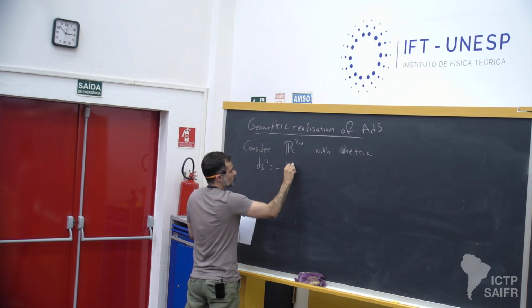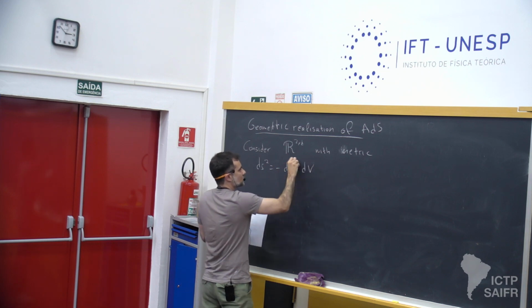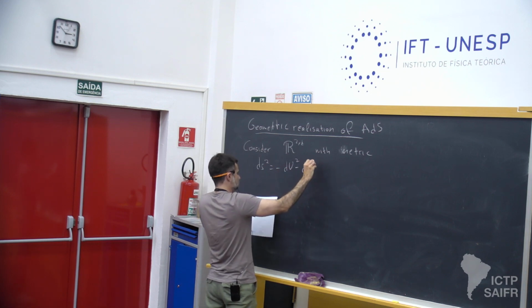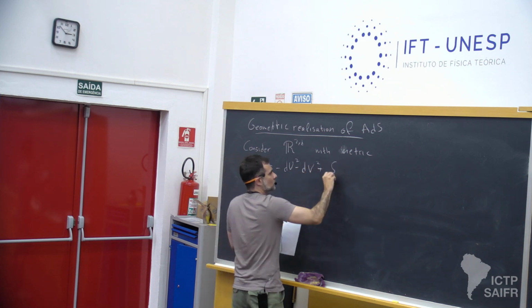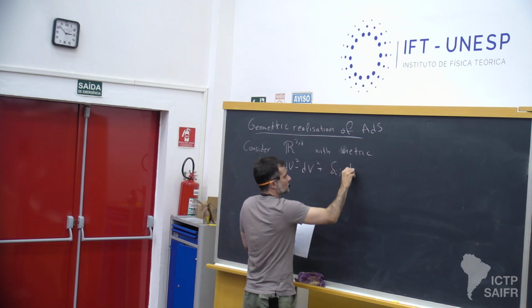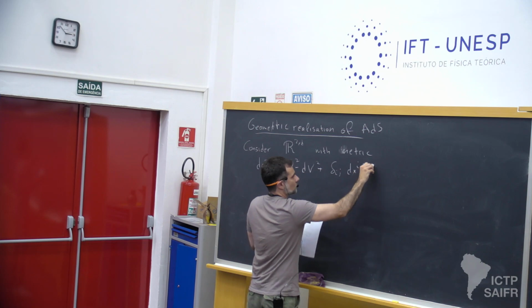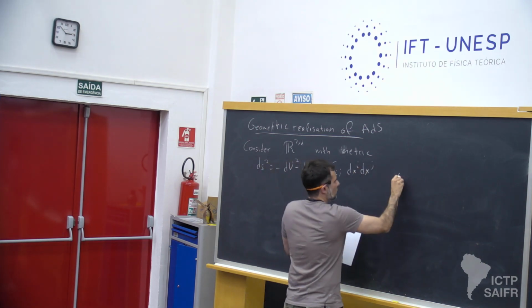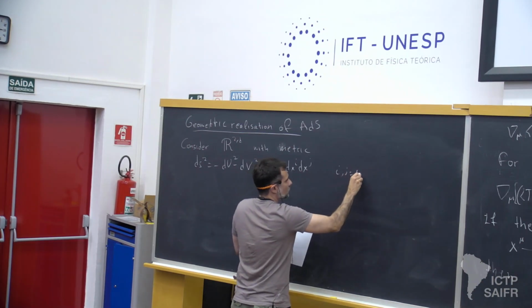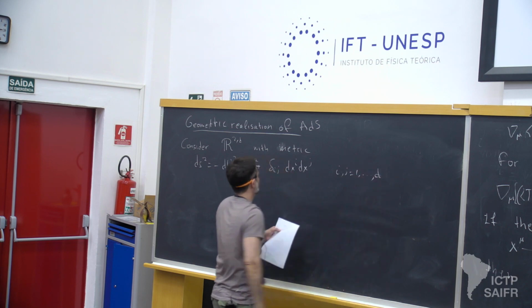I can use something like Cartesian coordinates, where i and j run from 1 to d.